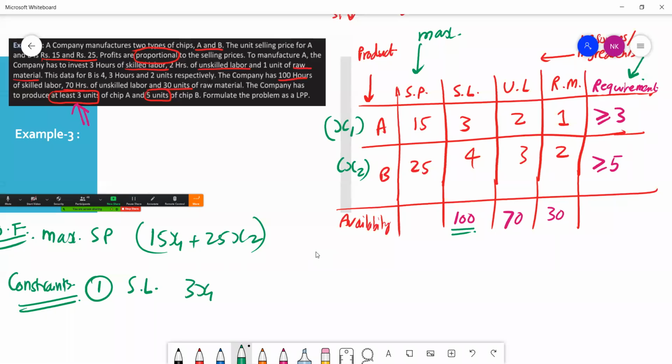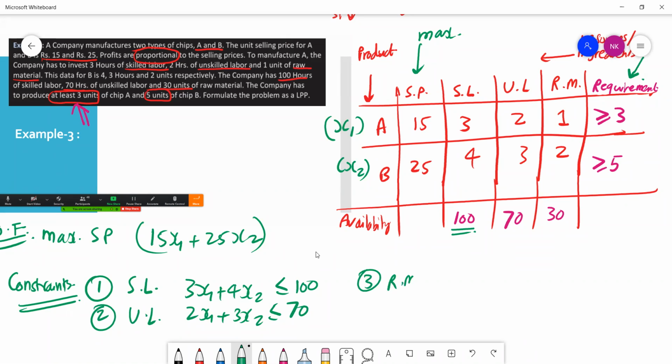So 3x1 plus 4x2 must be less or equal to 100. The second case is the unskilled labors: 2x1 plus 3x2 must be less or equal to 70. The third case is of raw material: x1 plus 2x2 less or equal to 30.